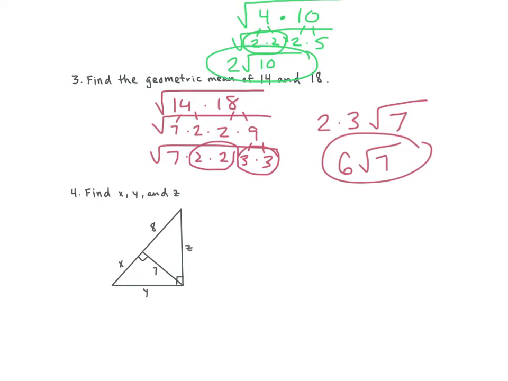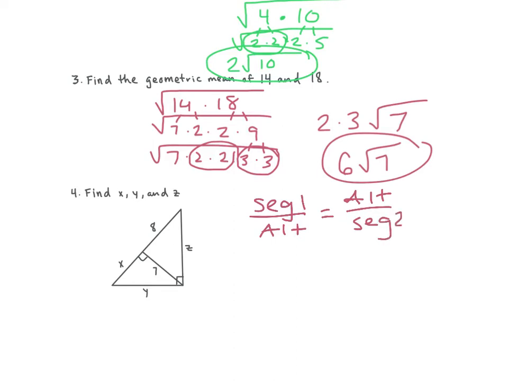All right, for number 4, we need to find x, y, and z. So what are the 2 formulas here when we have the 3 triangles in one? We have segment 1 over altitude is equal to altitude over segment 2.